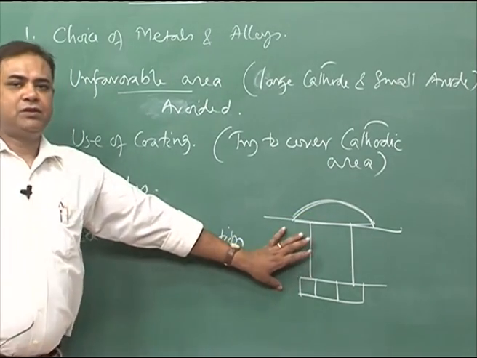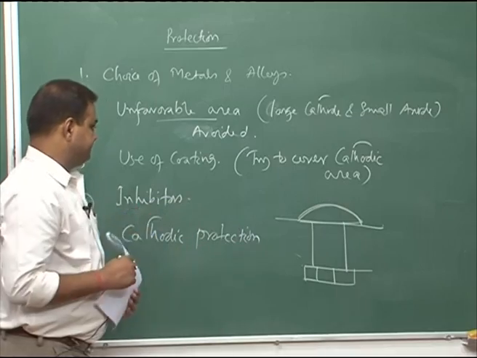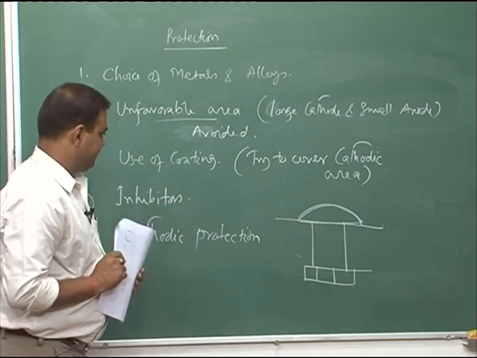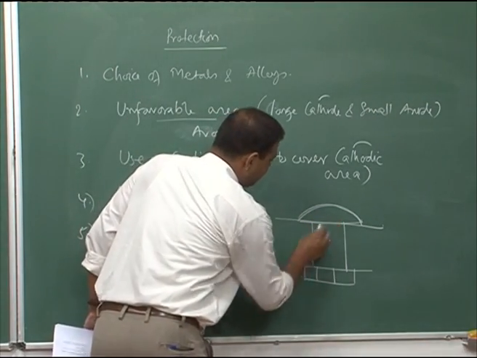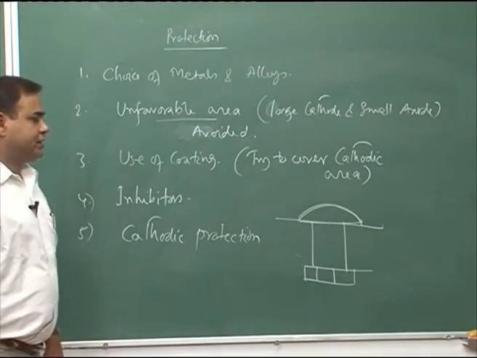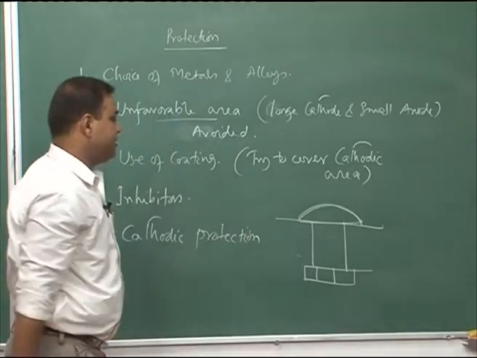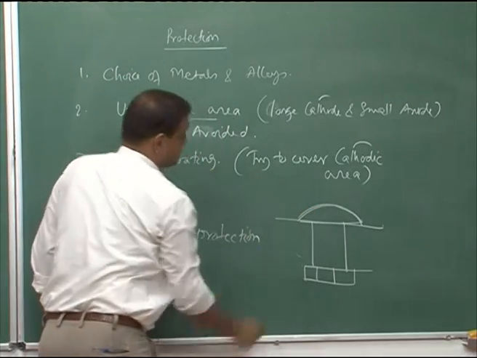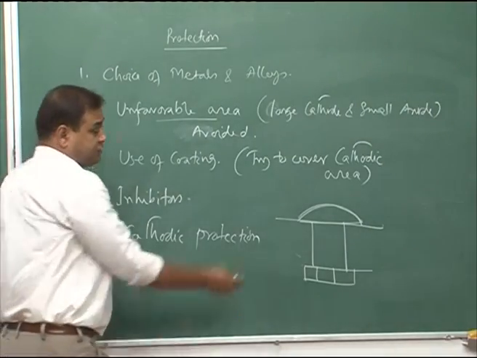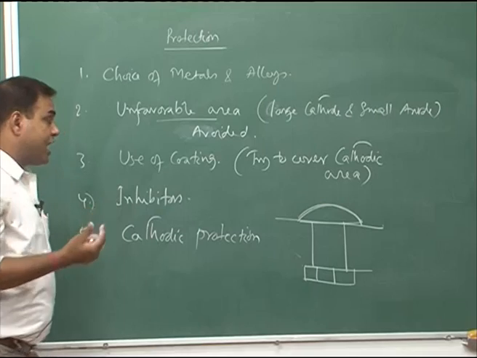So how to avoid galvanic corrosion, because these two materials would have different compositions, and there could be a possibility that this material is cathode or this material is anode. If this material is anode, then the problem is much higher.